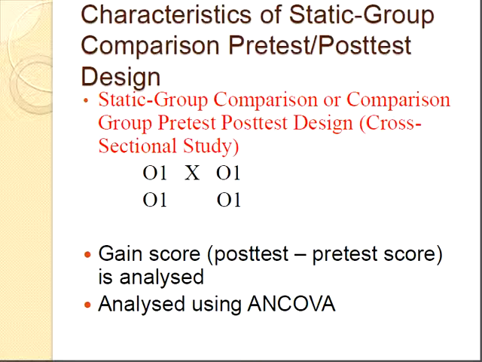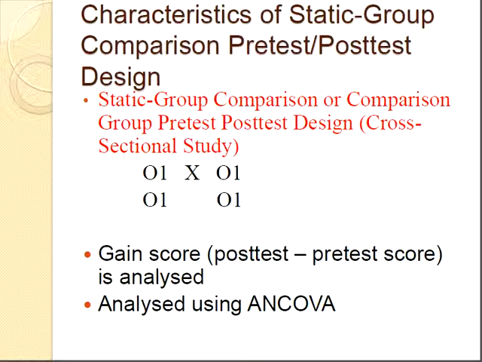Gain score is calculated by subtracting the pre-score value from the post-test score, and that difference is what is analyzed as the final score, while the pre-score will always stand as a covariate.